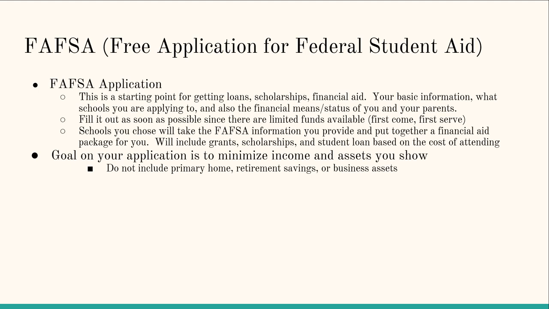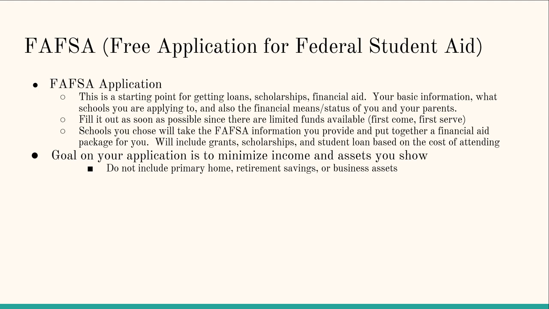If you're a parent or you're a younger person advising your parents on filling this application out, you do not include your primary home, retirement savings, or business assets when you list the assets that you own. If you didn't know this rule, a lot of times your primary residence, the house that you own, is your most valuable asset.